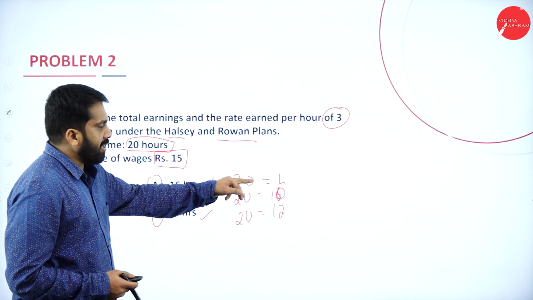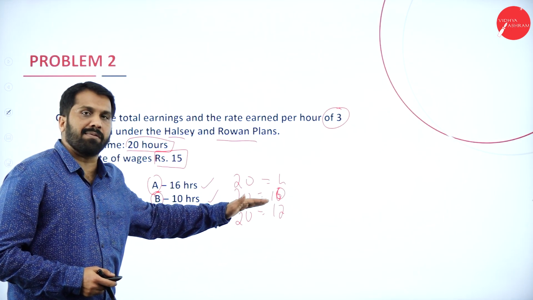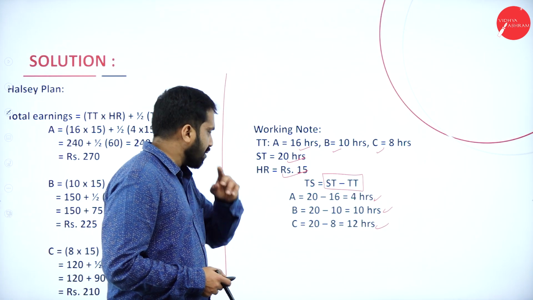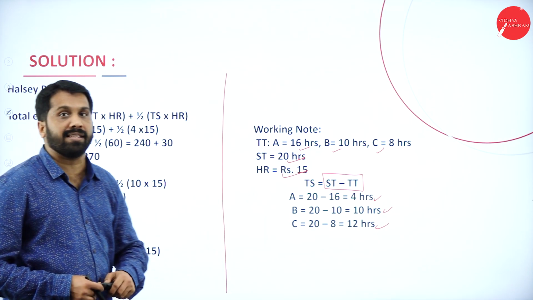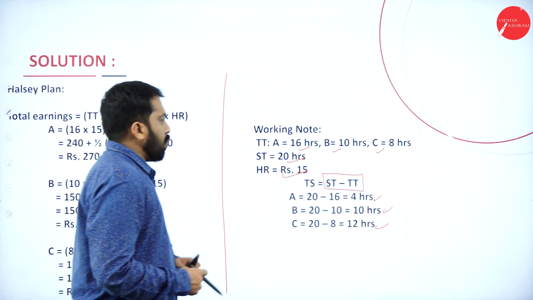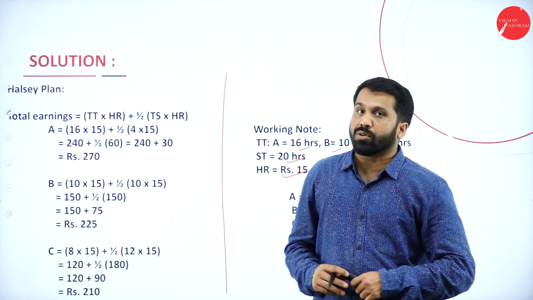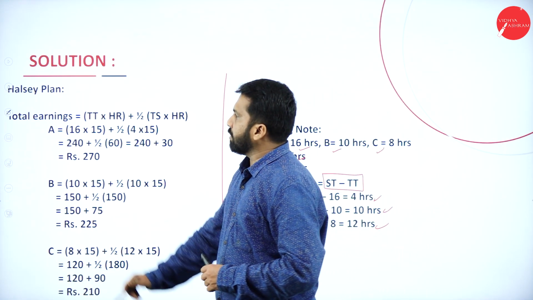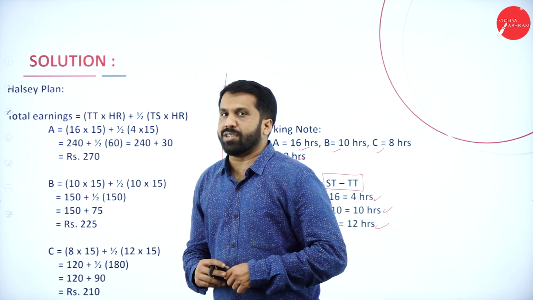Whatever we calculated, 4 hours, 10 hours as well as 12 hours, these are the times saved by them. Hope you understood. Once you're done with your working note, we'll go to your normal answer. Now, as per this, what is the total earning you have?